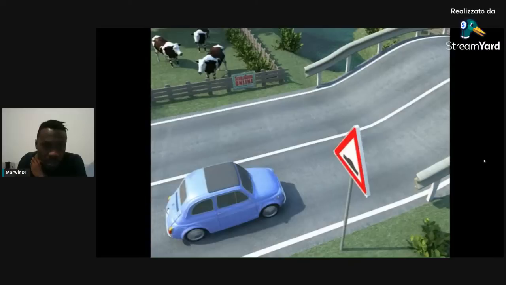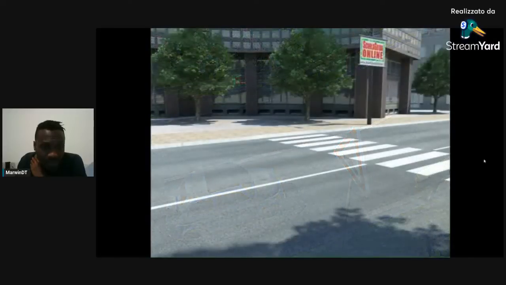It is also found at the dosso, that's the climbing of a bumping, artificial bumping, or a natural one. It is also located at the zebra crossing of pedestrians.